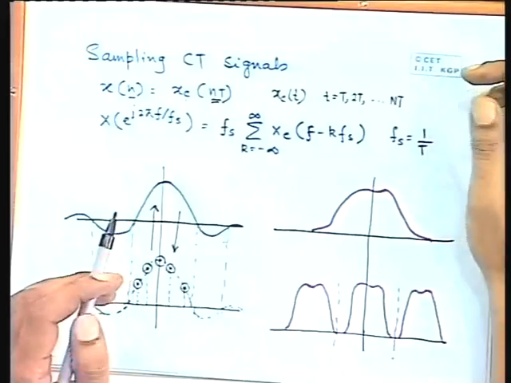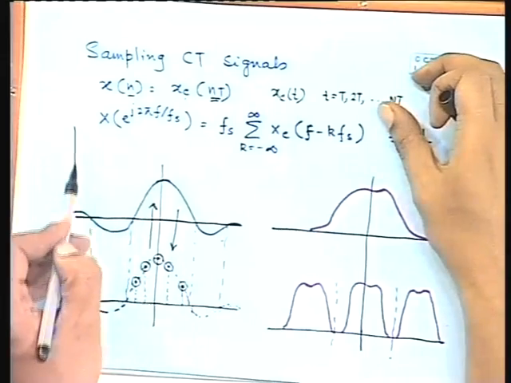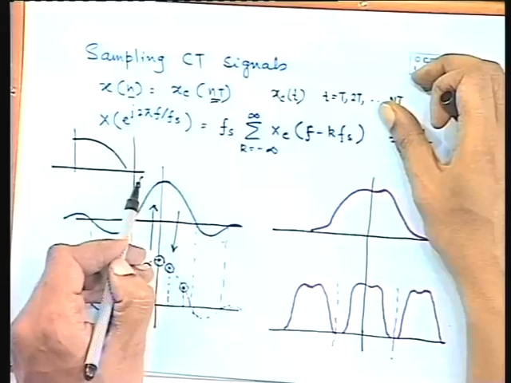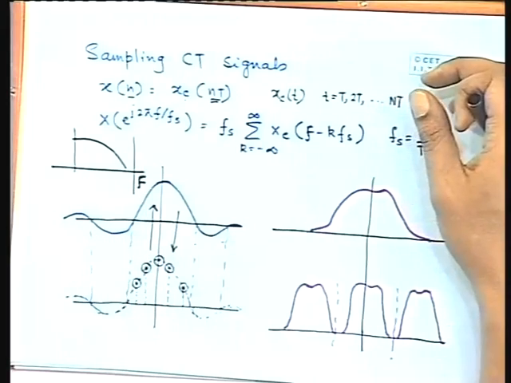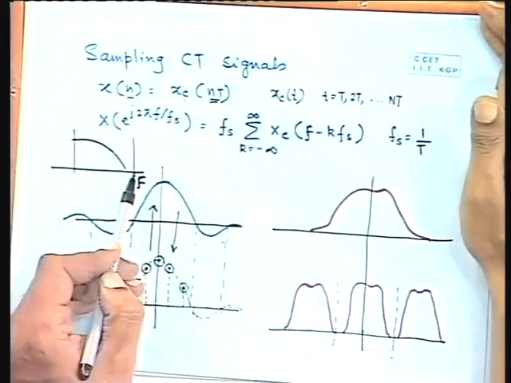It says that if this signal has a frequency spectrum which is limited to, let us say, some capital F, that is, this signal has no frequency component more than F, then if you sample it at greater than or equal to twice F frequency, you can theoretically reconstruct it from the samples using some reconstruction functions which are called sinc functions.